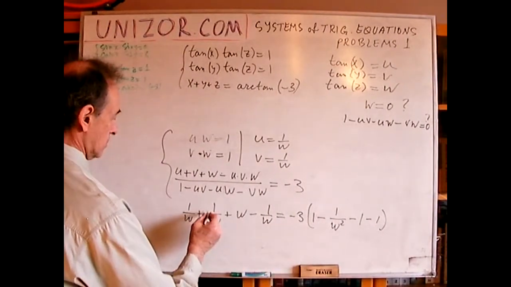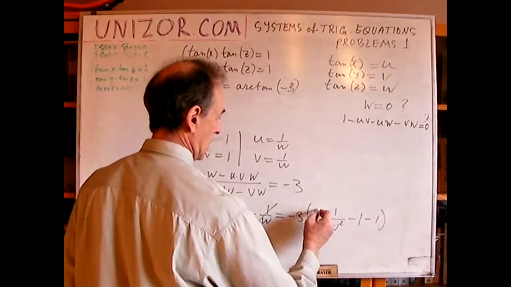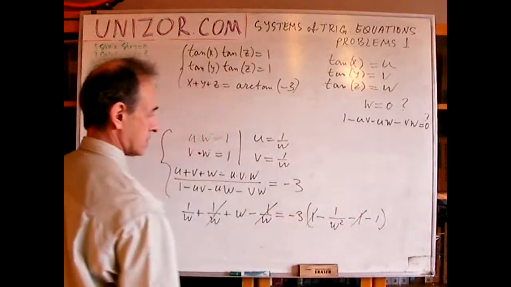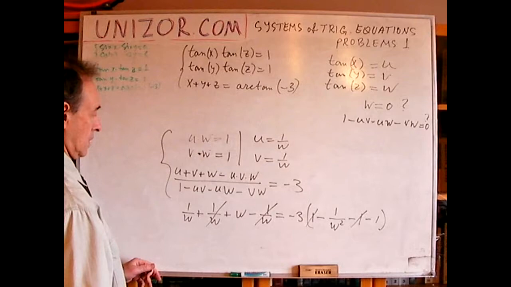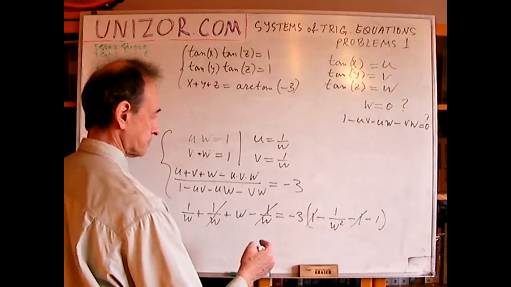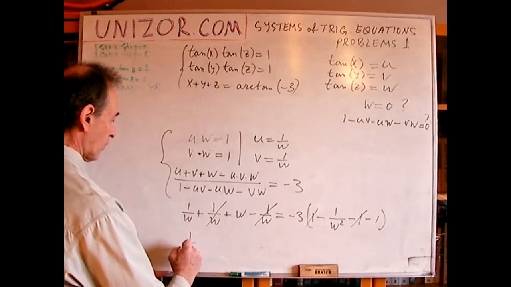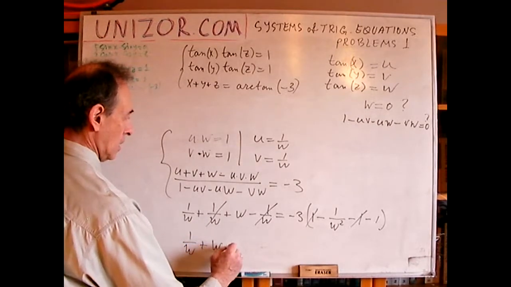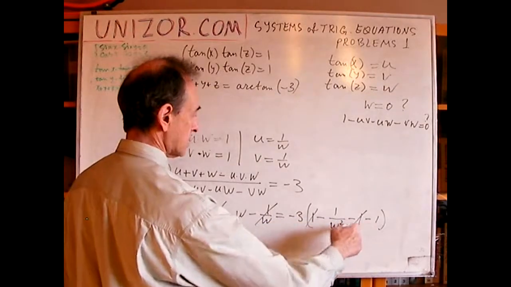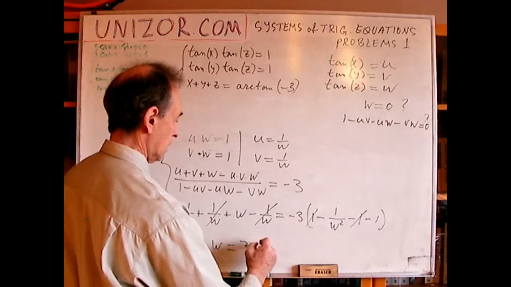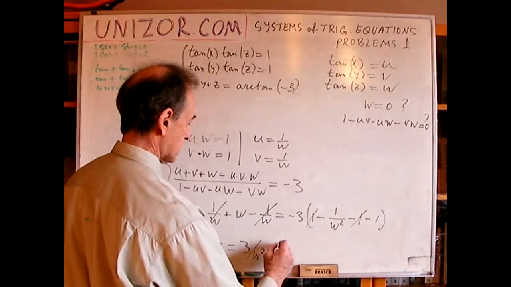Now, let me do some reduction here. Let me rewrite it. On the left I have 1 over w plus w. On the right I have this minus and this minus and this minus, so it's basically 3 over w squared plus 3.